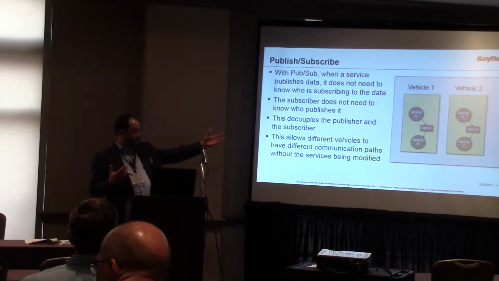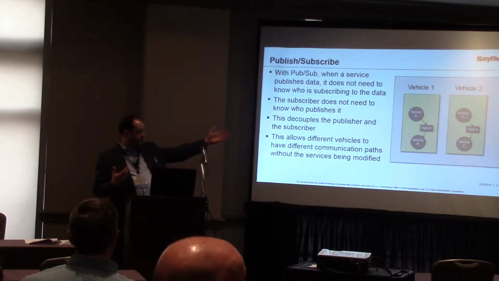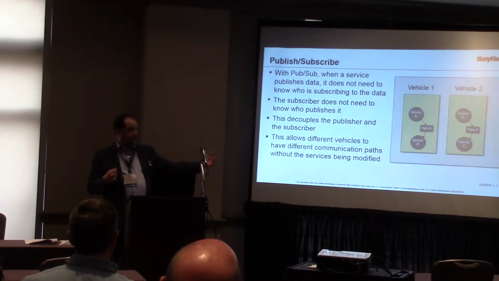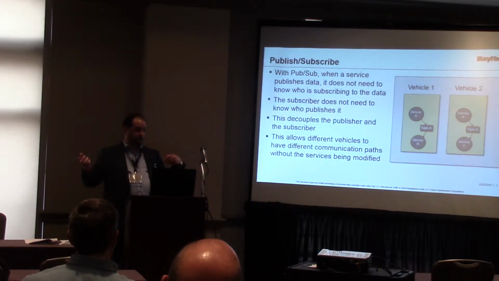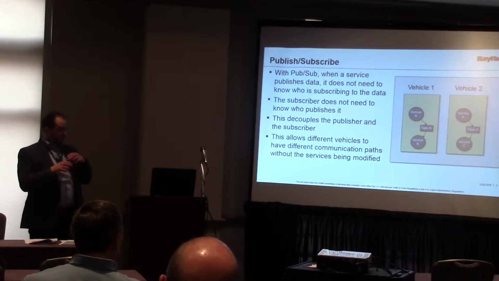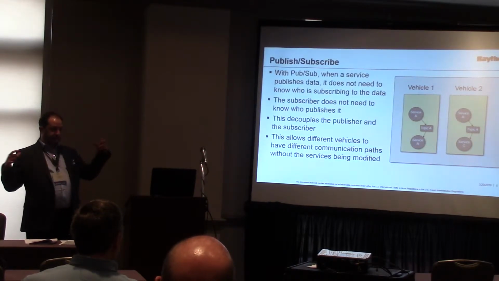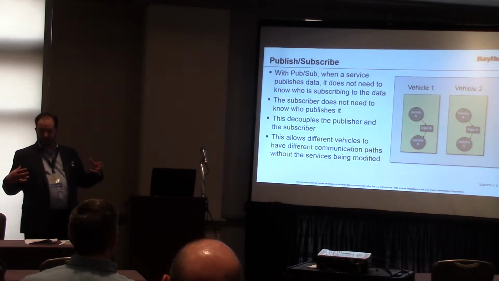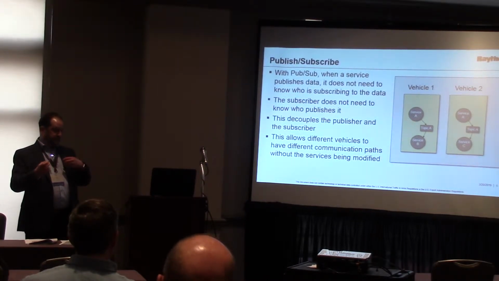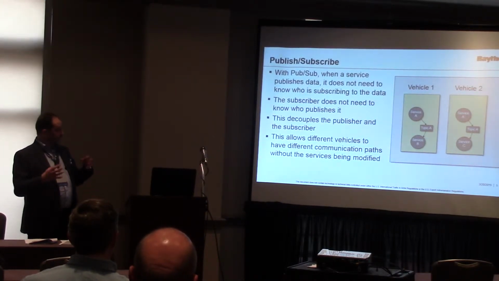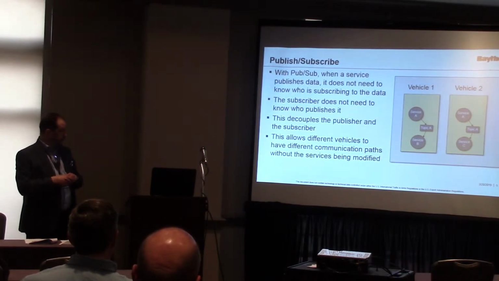If one vehicle uses service A and B, they can still both be using the same topic. So B and C could be the same service but different variants, or they could be different services. But because of the pub sub, we don't have fixed communications paths in the system. It makes it very easy to change the system, and very easy to start different sets of services on the fly and have all of those things talk to each other.